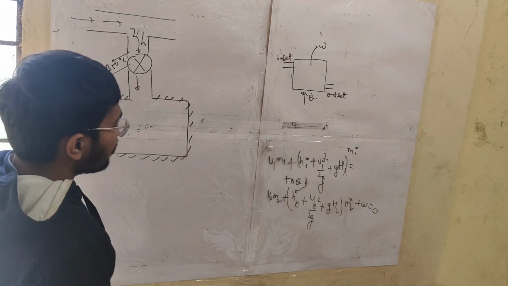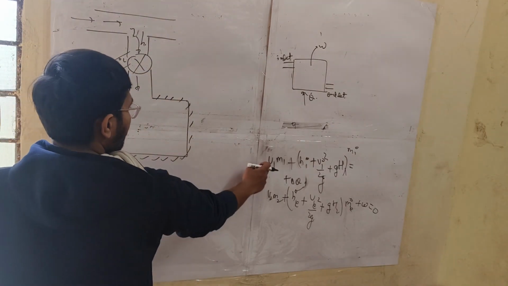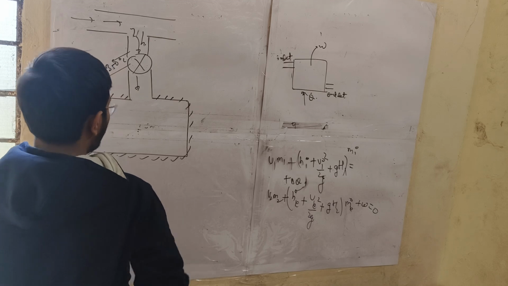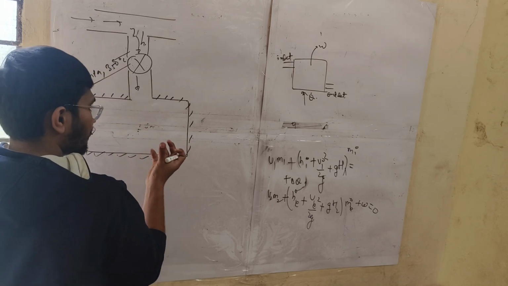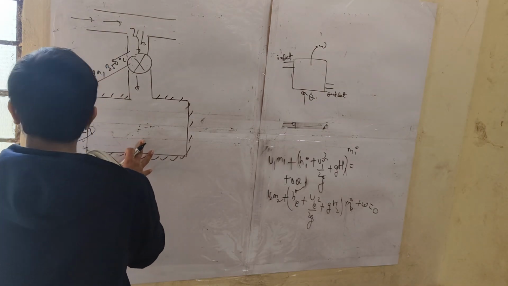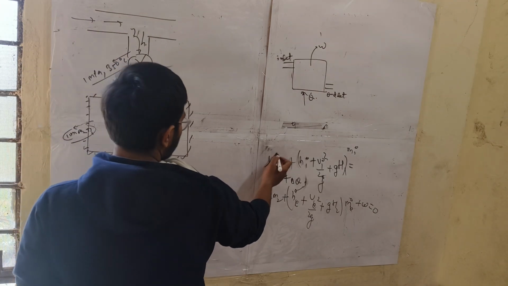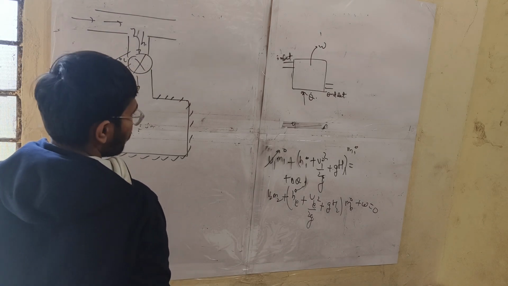First, what is U1? Initially the control volume is evacuated, there is no mass, so this term becomes 0 and this term becomes 0.